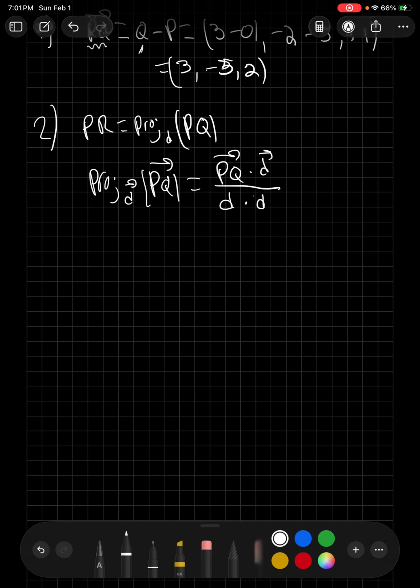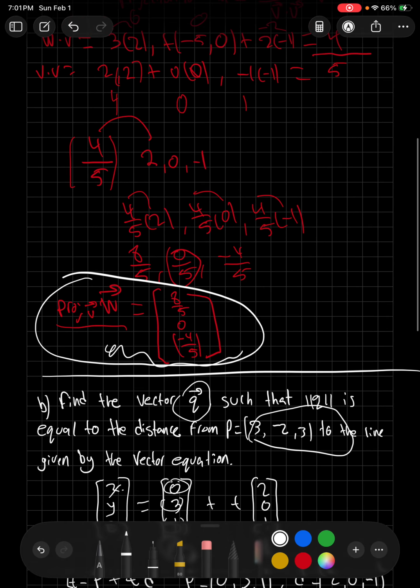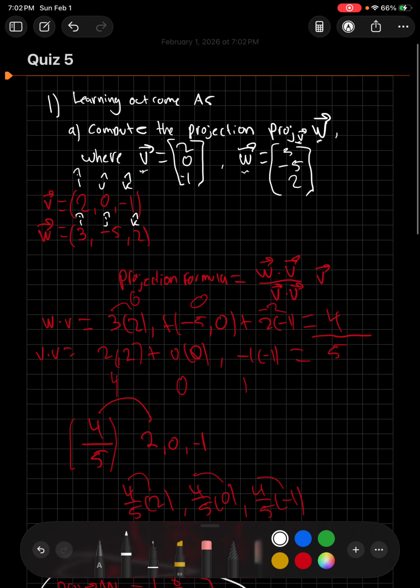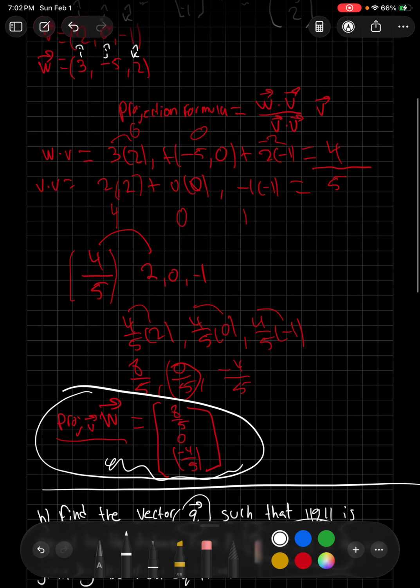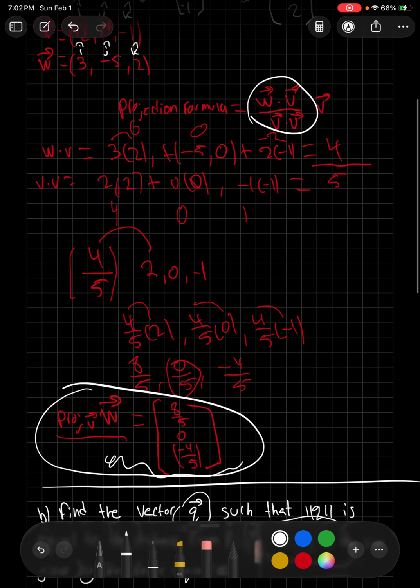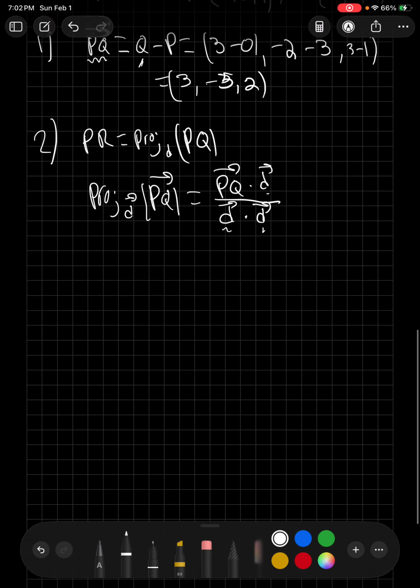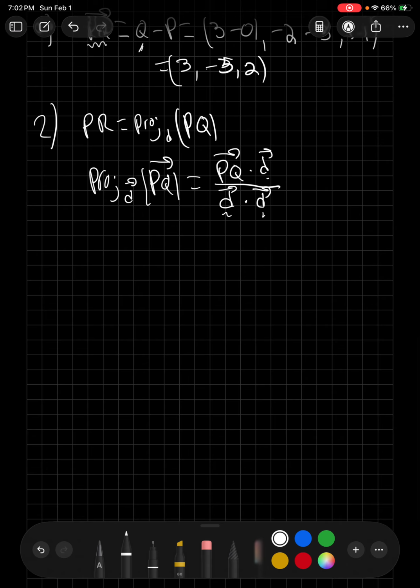So this is just the projection formula, only we're doing D now instead of V before. And then this is times D as well, or dot D, sorry.